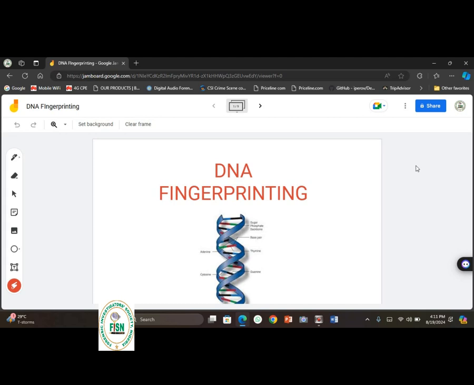DNA is found in almost every cell of a living organism. In human beings, it can be found in the blood, the tissue, the hair, the bones, even the saliva and the semen.